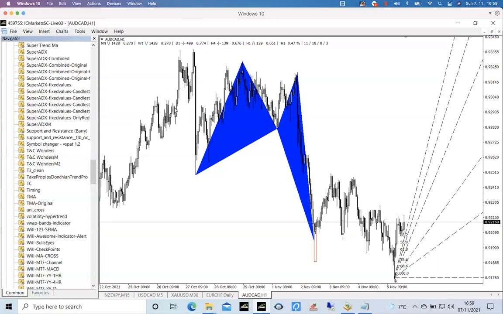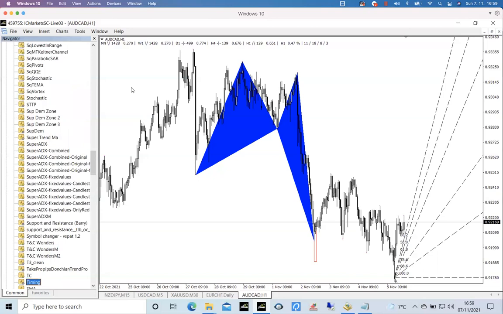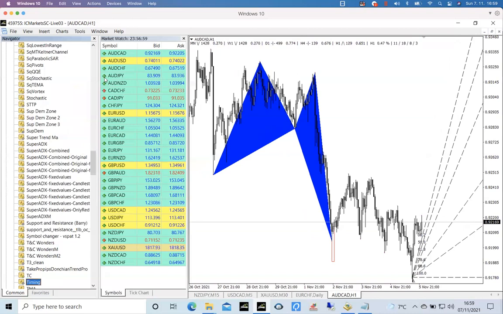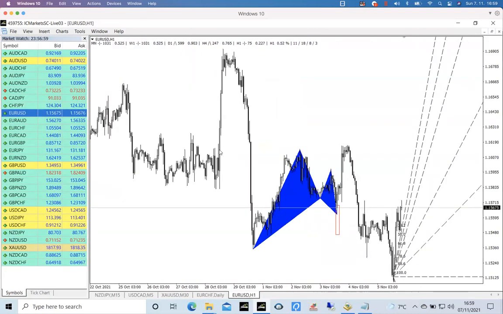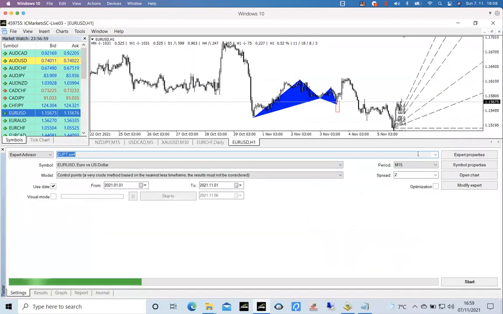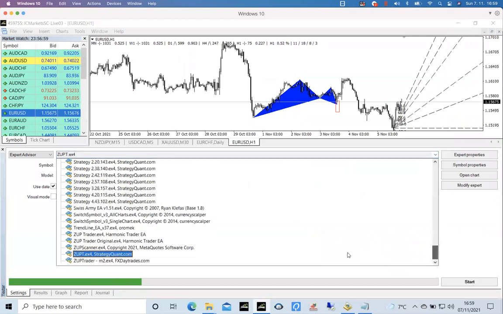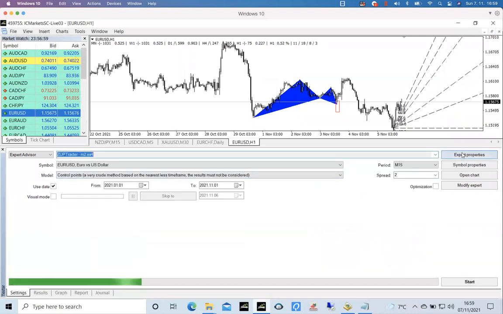Now, based on the 1 hour chart, let's just make a small test so you can see what will happen. Let's take, for example, the Euro US dollar, just to make things easier, because everybody has it.